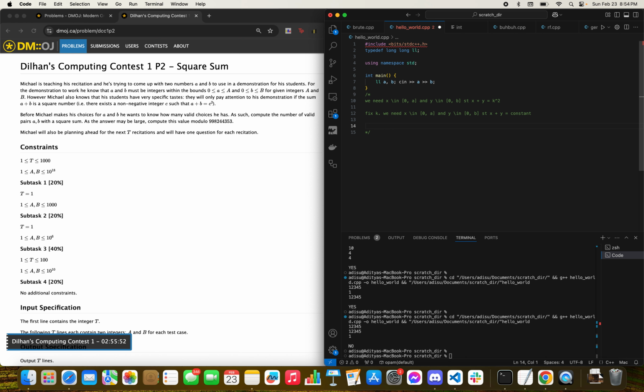Can we come up with a formula here? The first time that y is good will be x equals constant minus b, and goes to A, right?